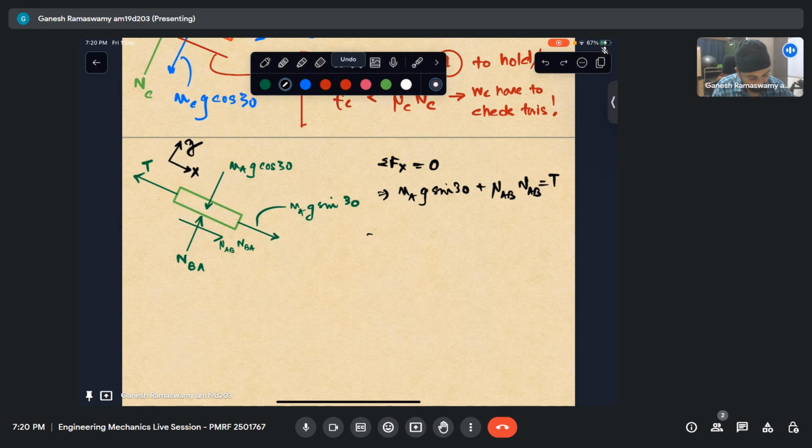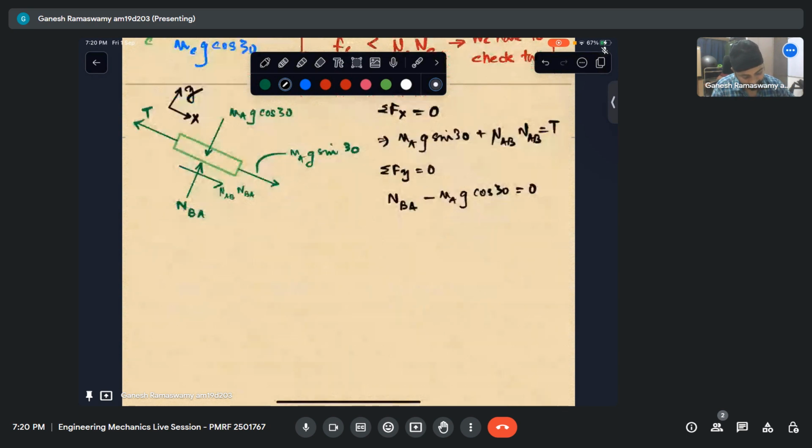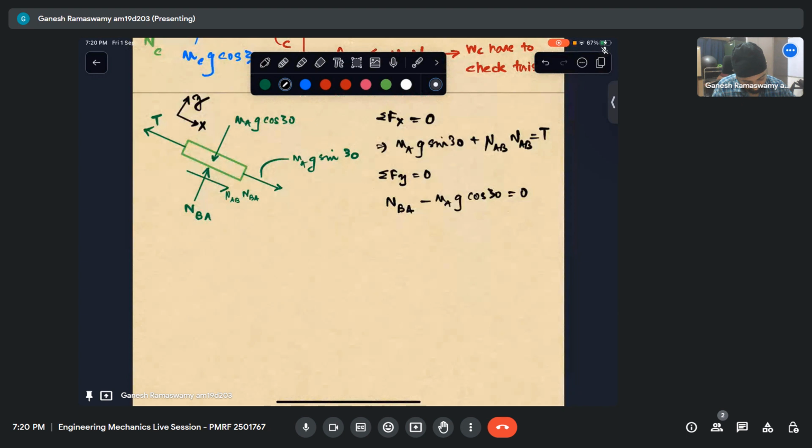Sigma Fy equaling 0 gives me N_BA minus m_A g cos 30 equaling 0. That's about it. There are only two unknowns, so tension and the normal force. So we need not go for moment equilibrium. It is redundant.